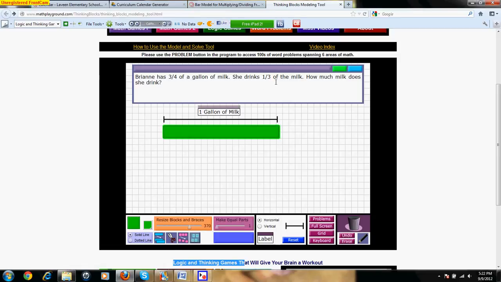Brianne drank 1/3 of the milk, or out of 3/4. So we're going to take this and show 3/4 so that we can see what the 1/3 will then be. So I'm going to break my bar up into fourths, like that. I'll label the amount of milk that she began with, which was 3/4.